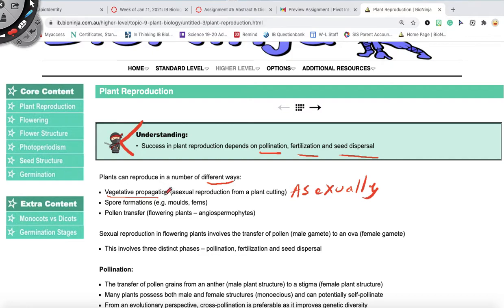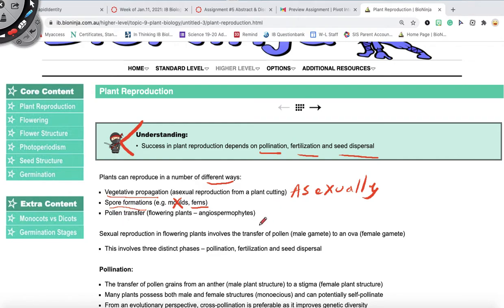But vegetative propagation is just taking that shoot apex and just planting it outside in its natural environment. And this is an asexual process. Also through spore formations in the example of ferns. I think this is a mistake because molds are not plants, they're fungi.